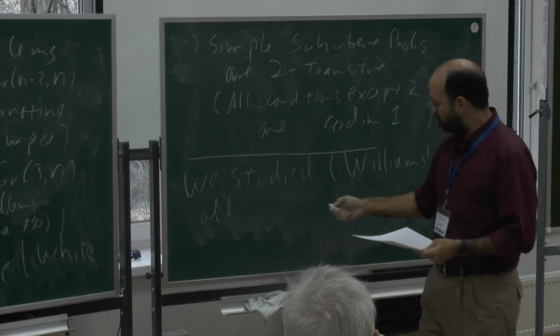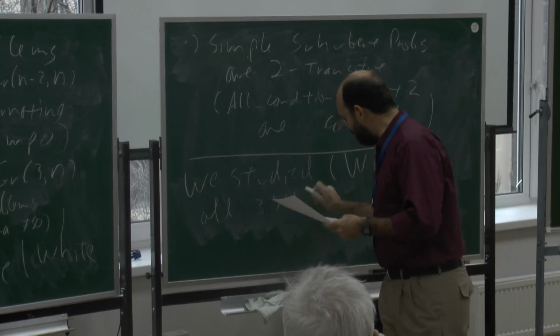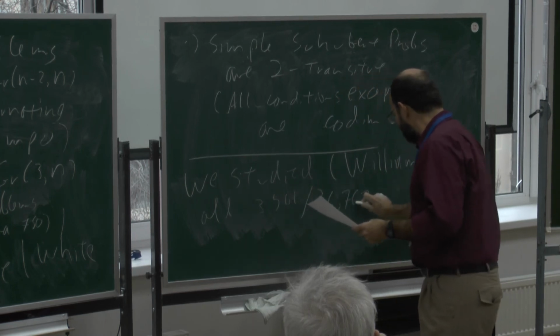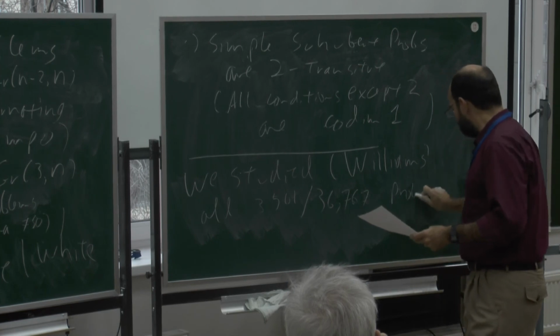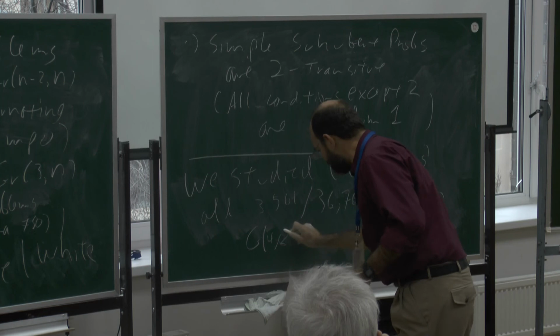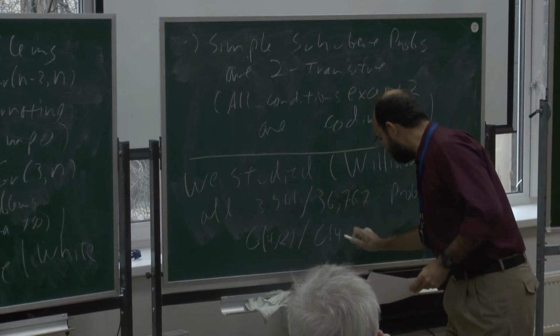And so we studied all 3,501 or 36,767 problems on G(4,8), which is the first Grassmannian where anything interesting happens, and here G(4,9).